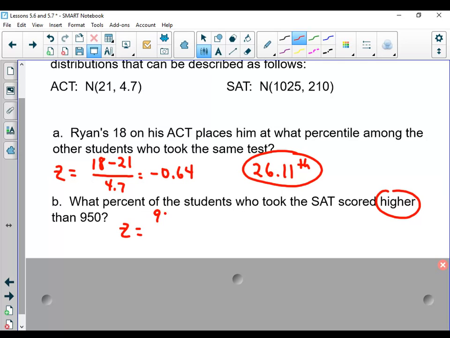So we're going to take the 950, we're going to take away the 1025, because that's the mean, and that's divided by the standard deviation of 210. So I get a negative 0.36.